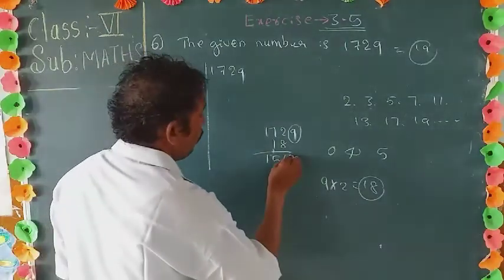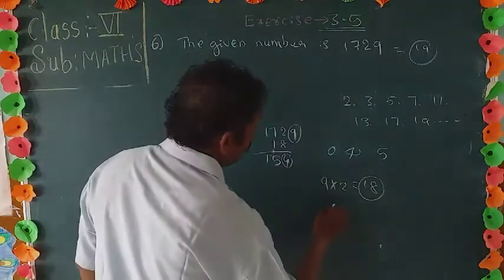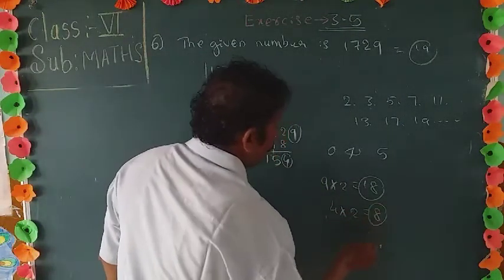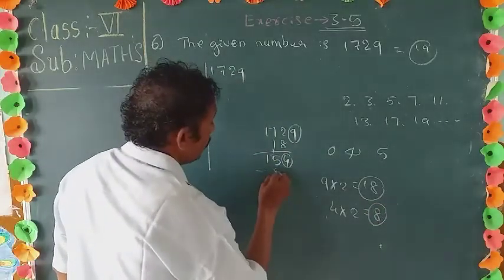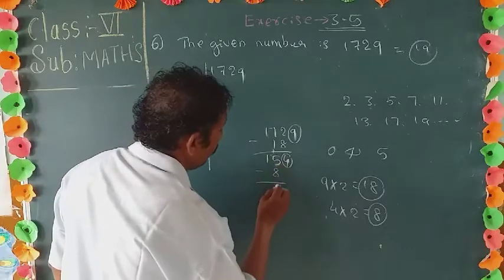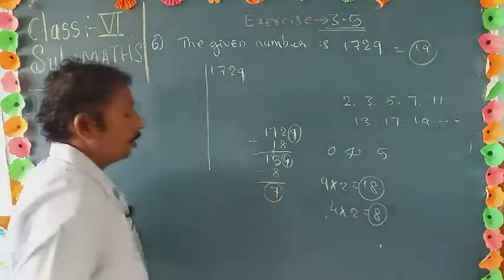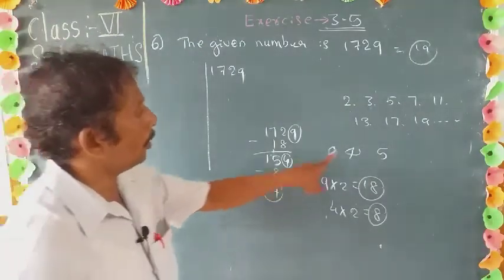Now once again double the last digit, 4 2s are 8. Subtract this 8 from the remaining number, 15 minus 8 is 7. Now this number 7 is divisible by 7.